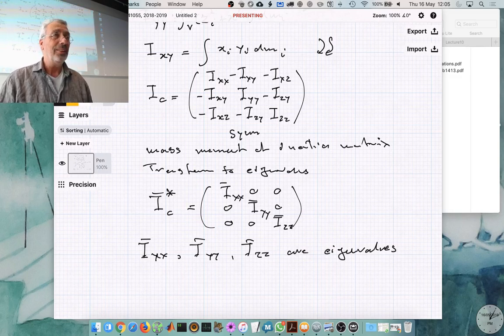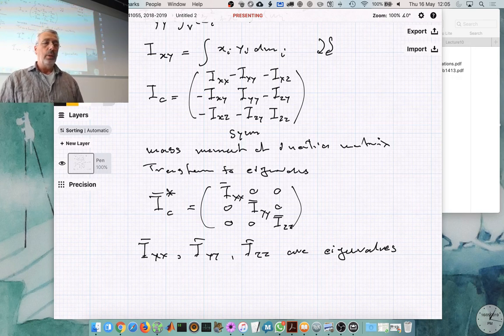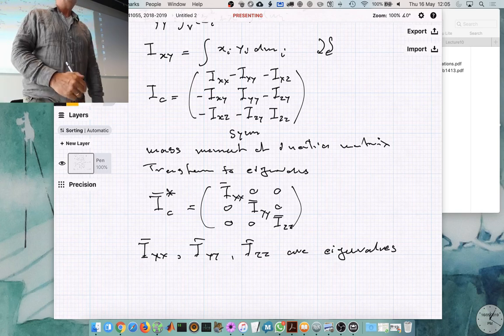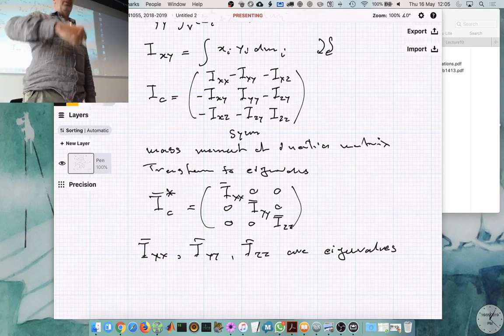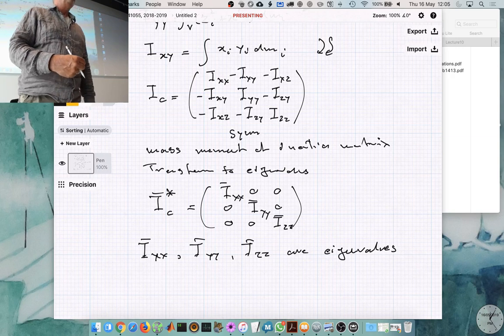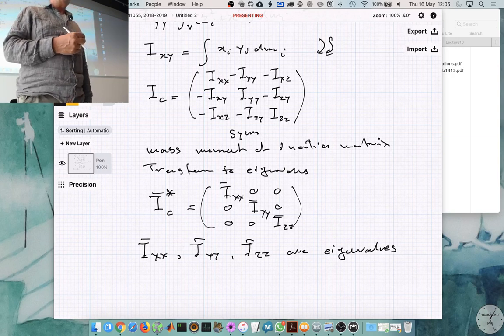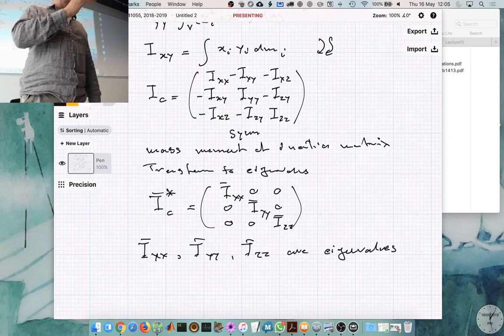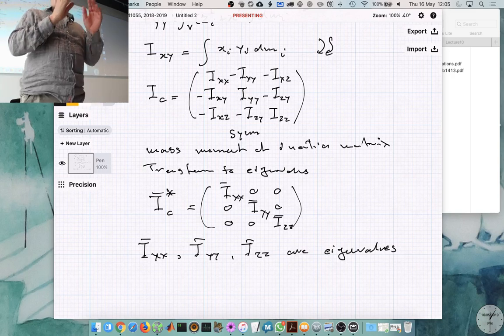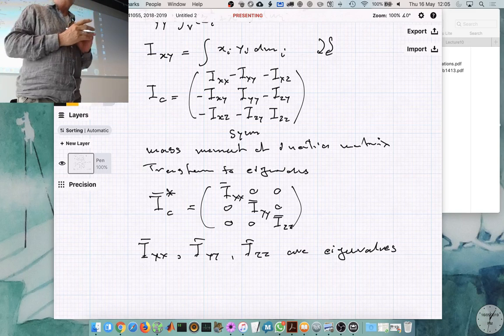So what are my principal axes? If I stand up, that's easier. Then I know one is this vertical, the long one. Then I have some symmetry. I'm almost symmetric.